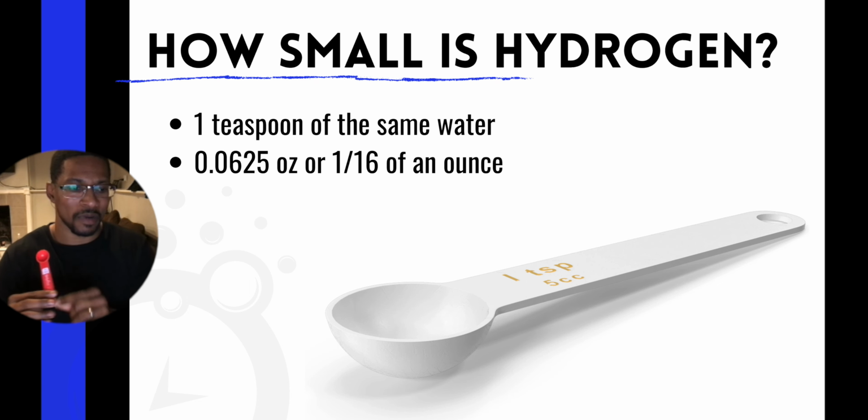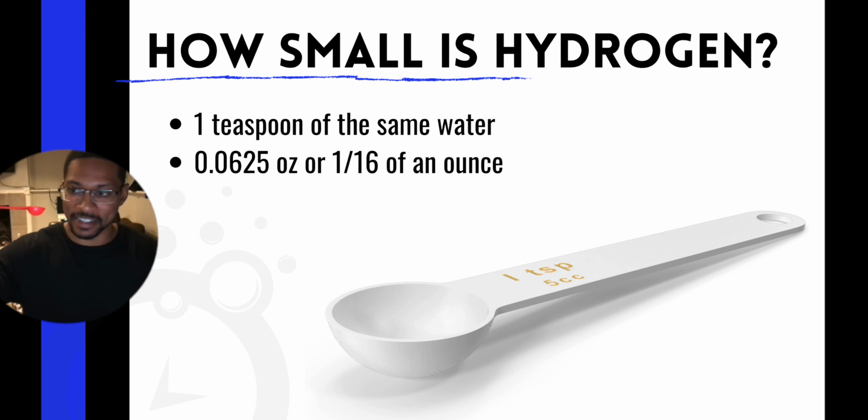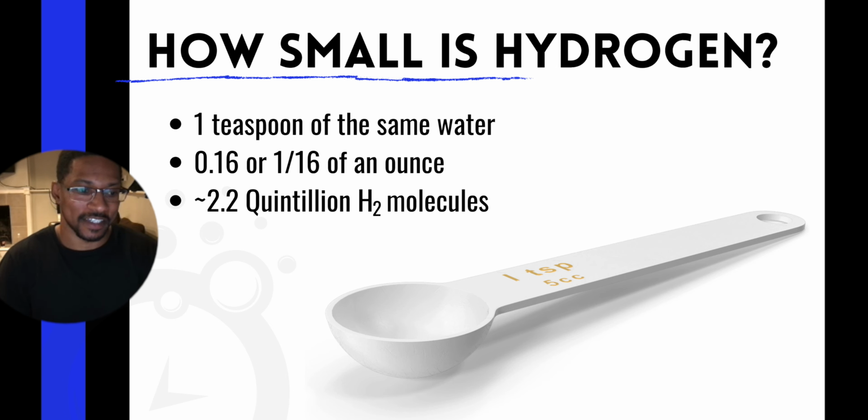How many H2 molecules will we actually have that can fit in this teaspoon? Crazy amount. It would be approximately 2.2 quintillion H2 molecules in this tiny volume of water, or this teaspoon.